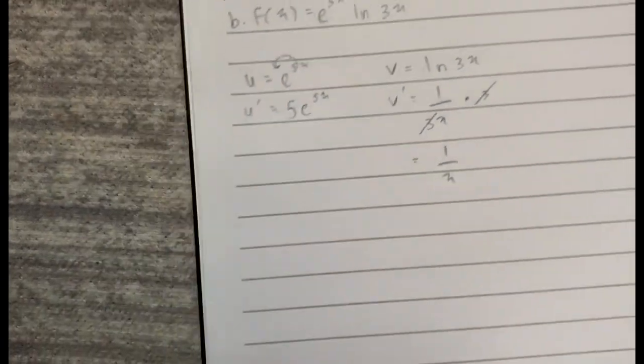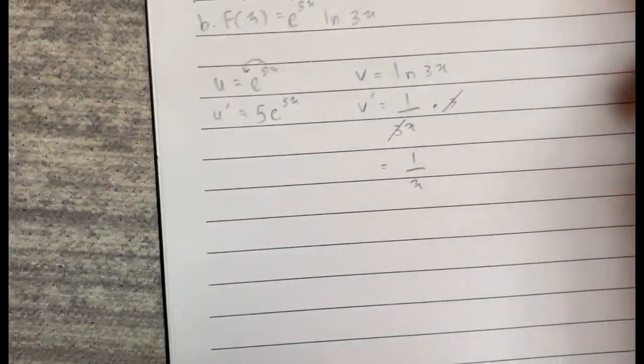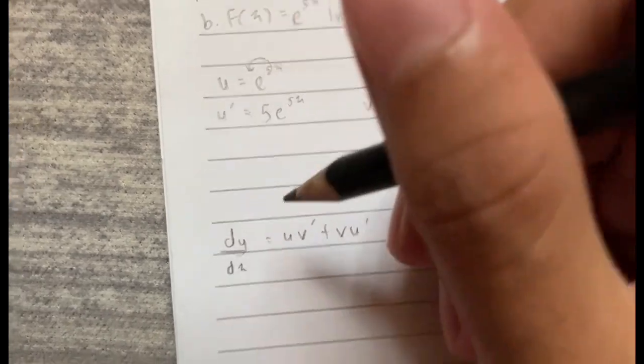Then we use the product rule. The formula is dy dx equals uv prime plus vu prime.